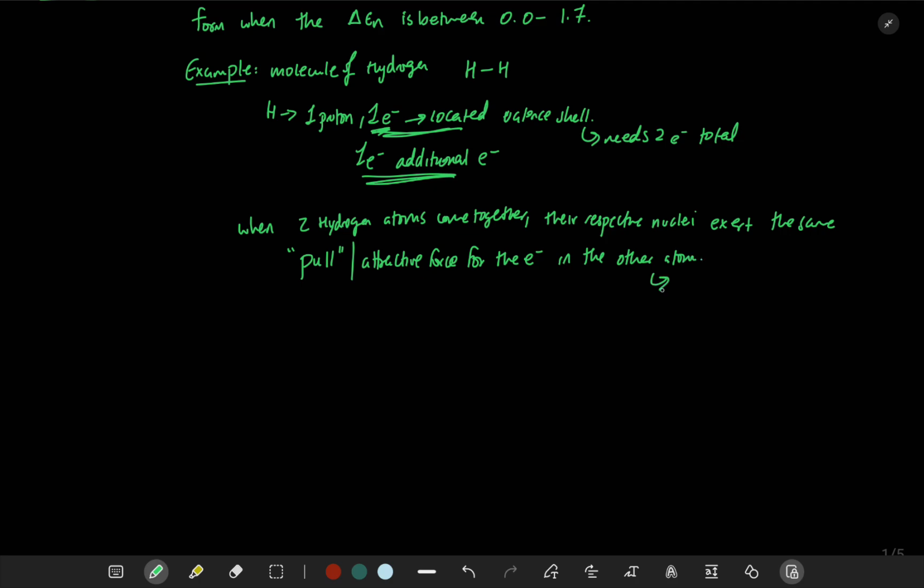And again, why? Because the delta electronegativity here is 0, because they're two identical hydrogen atoms.